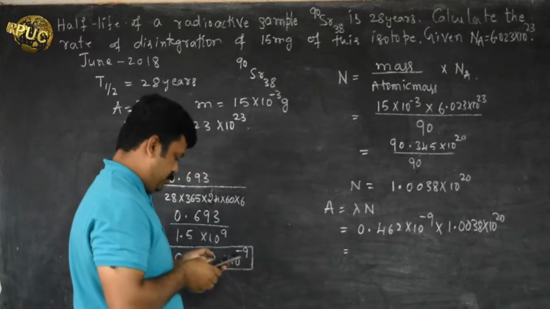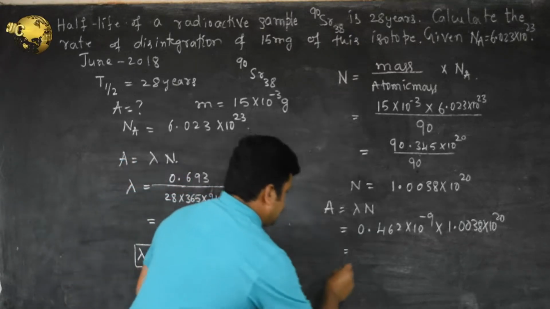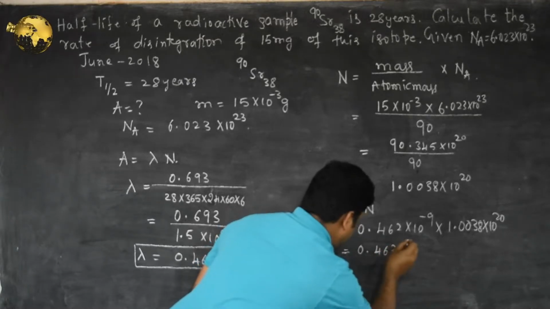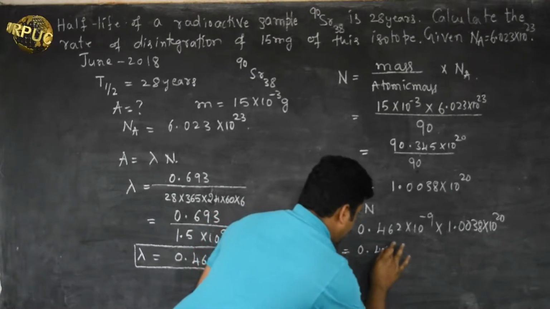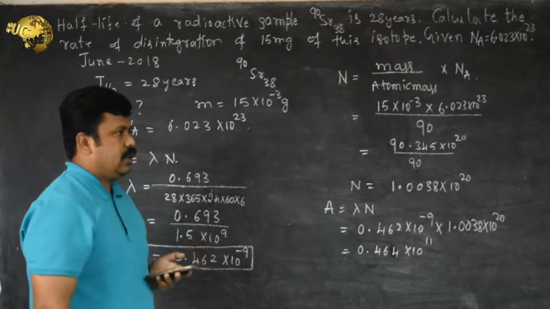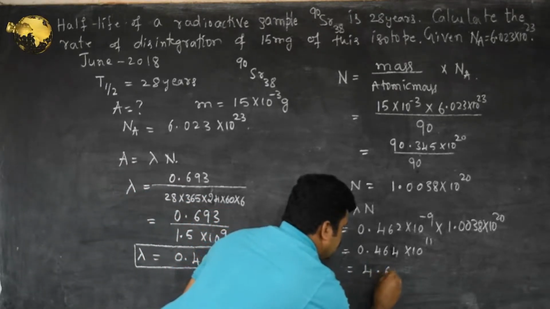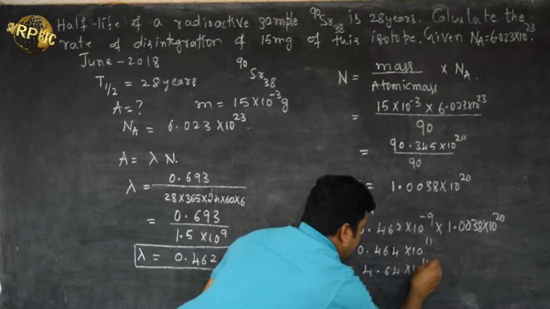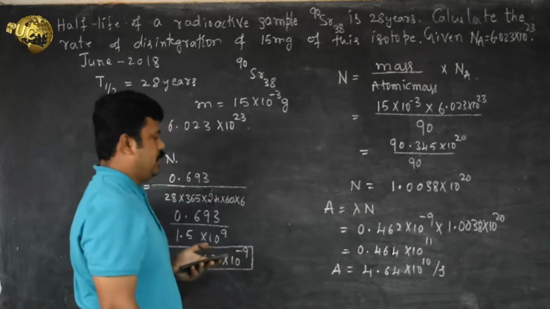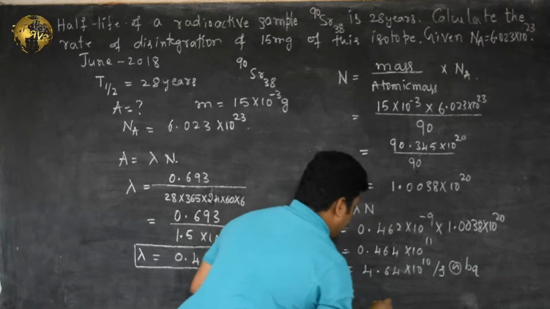So we get 0.463 or 0.464, we can round it off, into 10 to the power 11. Minus 9 plus 20 is 11. Or you can write it as 4.64 into 10 to the power 10 disintegrations per second, or you can write becquerel.